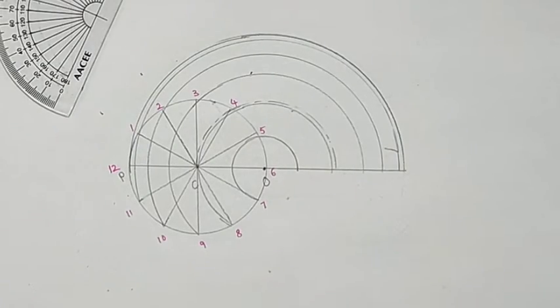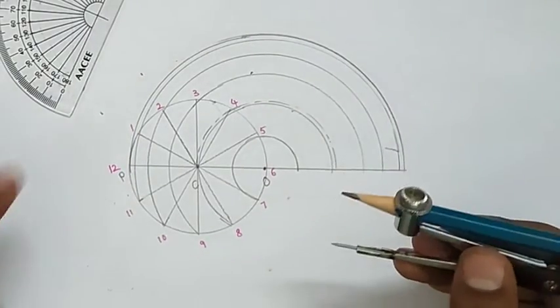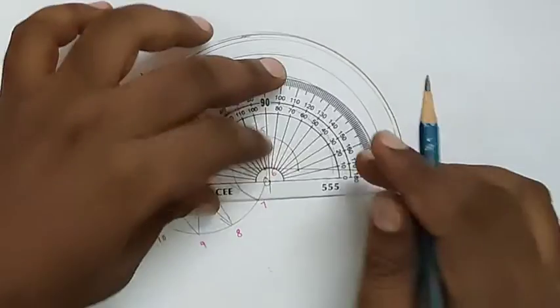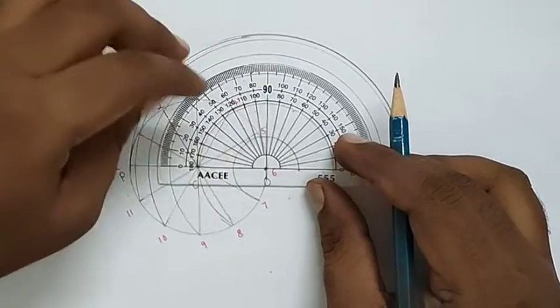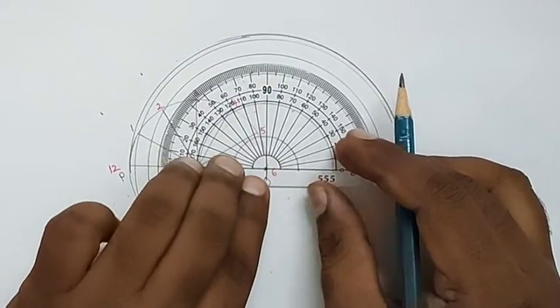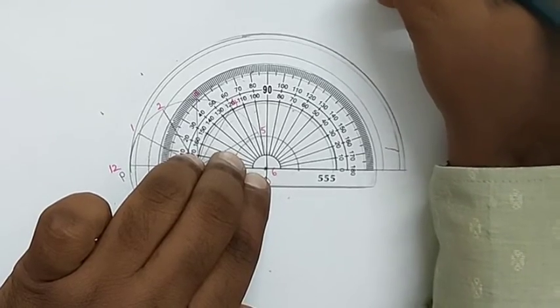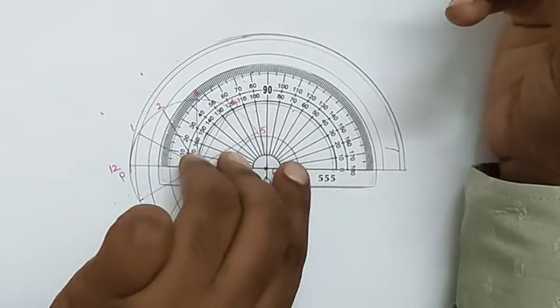Now you can follow the same procedure. Here this 180 degrees angle is divided into 12 parts, because the subtending angle is 180 degrees. Taking each part as 180 divided by 12, we get 15 degrees.